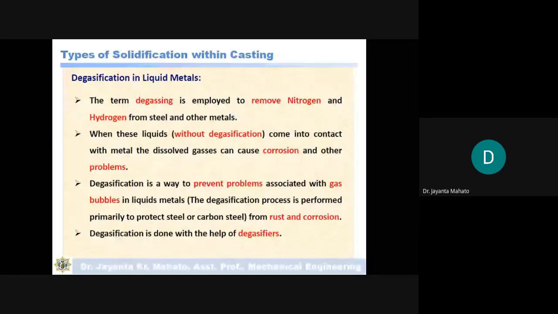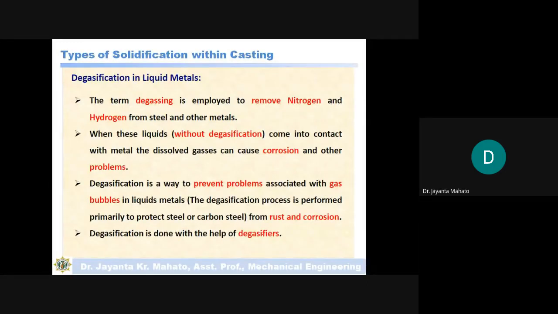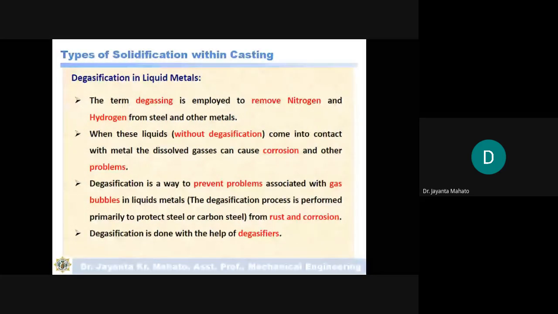So we have to remove these gases, means nitrogen, hydrogen, and other gases formed due to the melting of the material. We have to remove them from the mold cavity. This is actually called degasification of liquid metal.